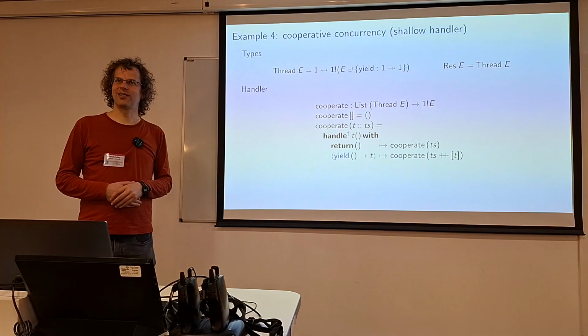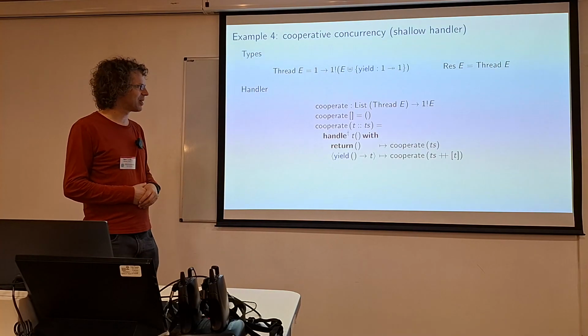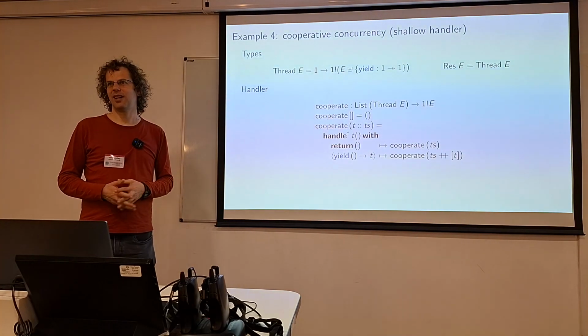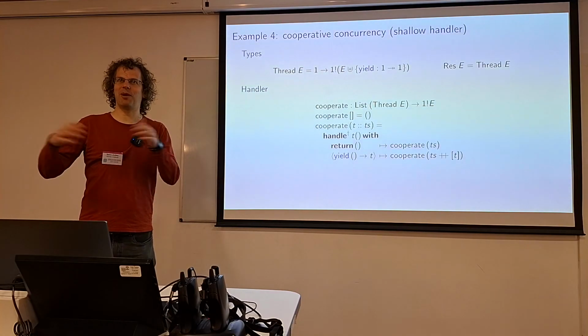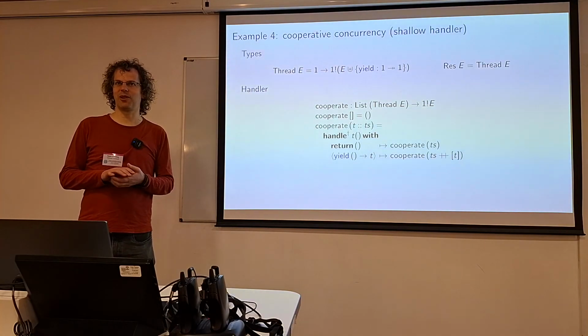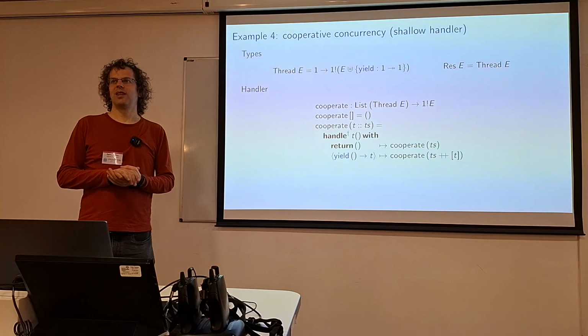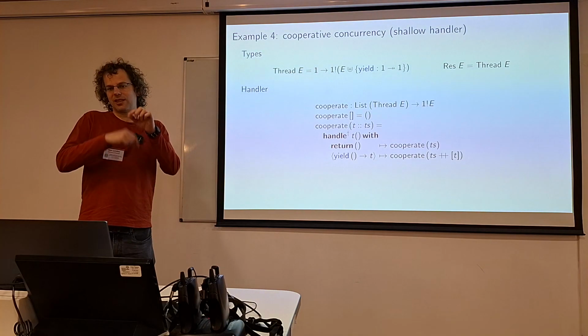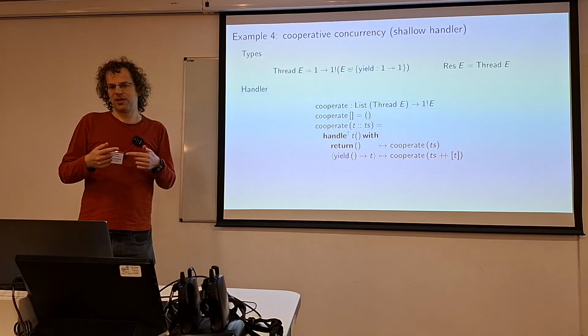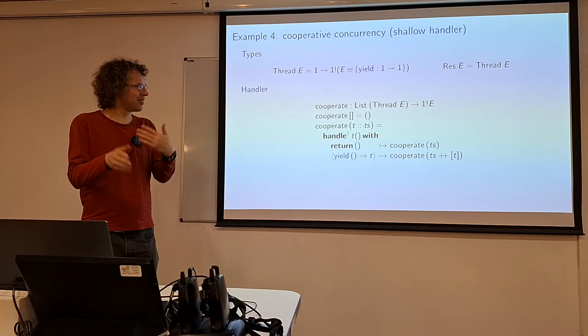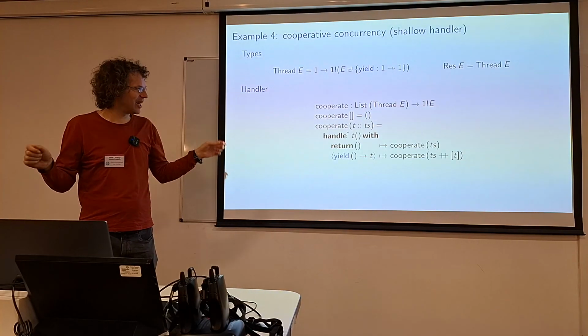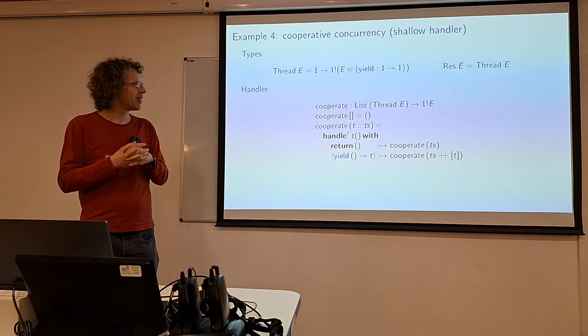So shallow handlers have a slightly different operational semantics and typing rules, but the difference is exactly that you do not wrap the handler around the body of the resumption. So what that means is that each time you invoke the resumption, if you want to handle it in the same way, you have to reinstall the same handler.